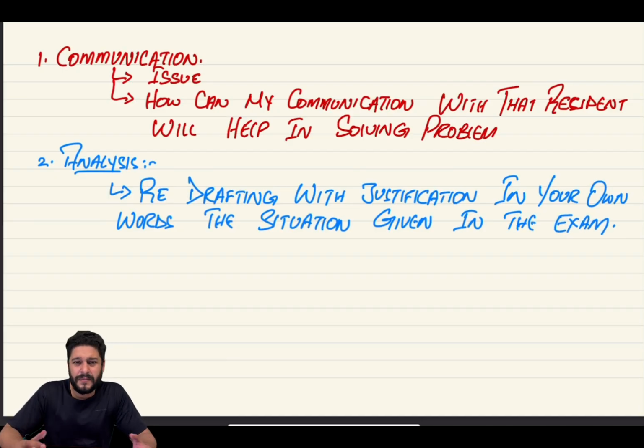So analysis basically means that I'm redrafting the situation given in the examination in my own words, with justification that this situation is right or wrong.